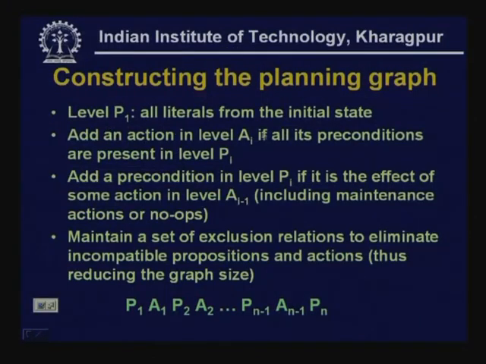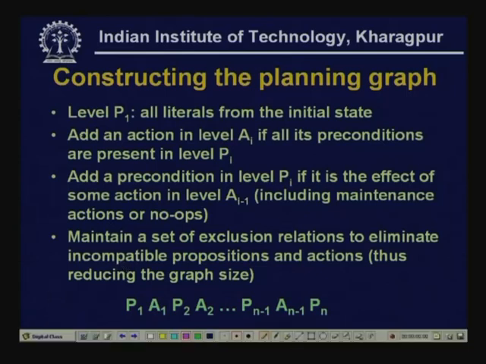So, P1 will include all literals in the initial state. Then we will add an action in level Ai. Suppose we have Pi, we will see how to construct Ai. We will add an action in level Ai if all the preconditions of that action are present at level Pi.